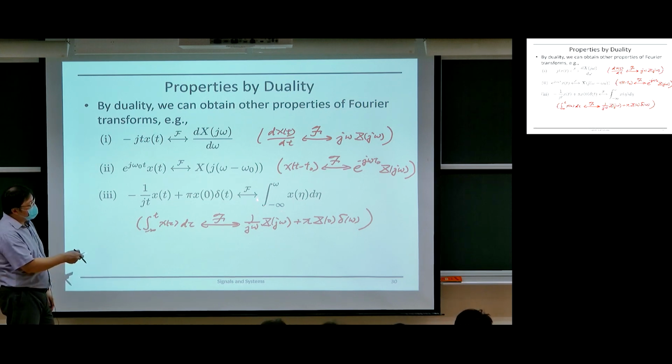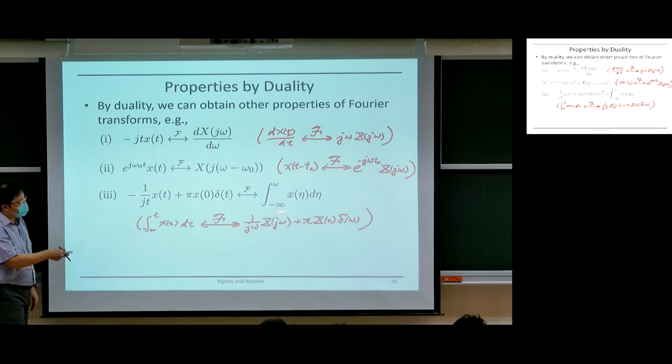So going from the frequency domain back, you get the same thing, right? The integral in the frequency domain corresponds to this 1 over jt times the signal x of t, again with this negative sign, right? Plus a bias term at 0 time.